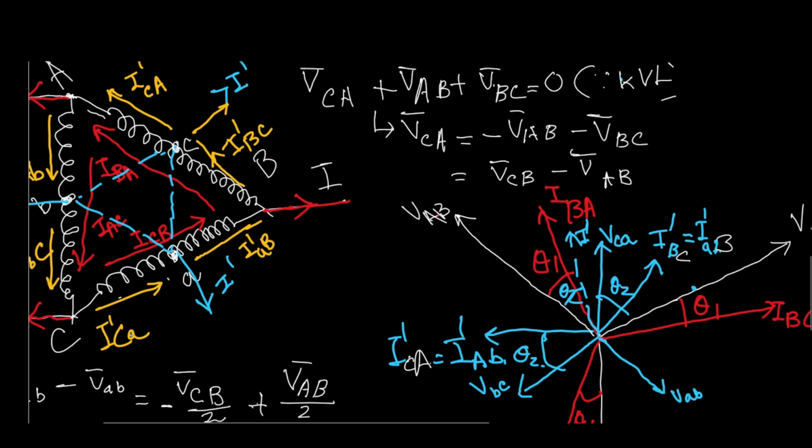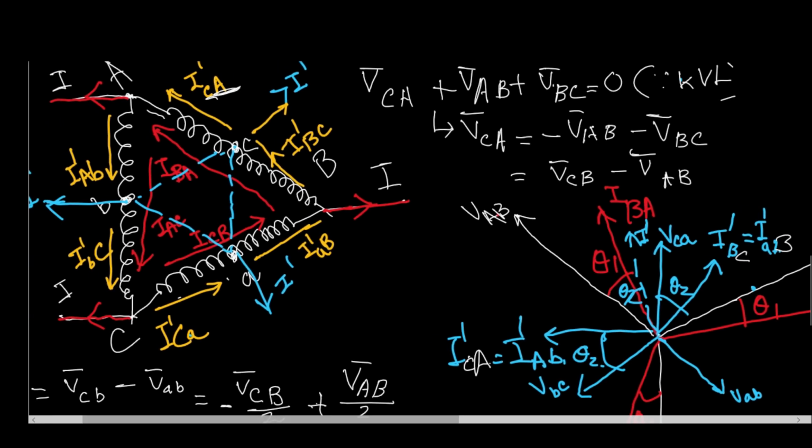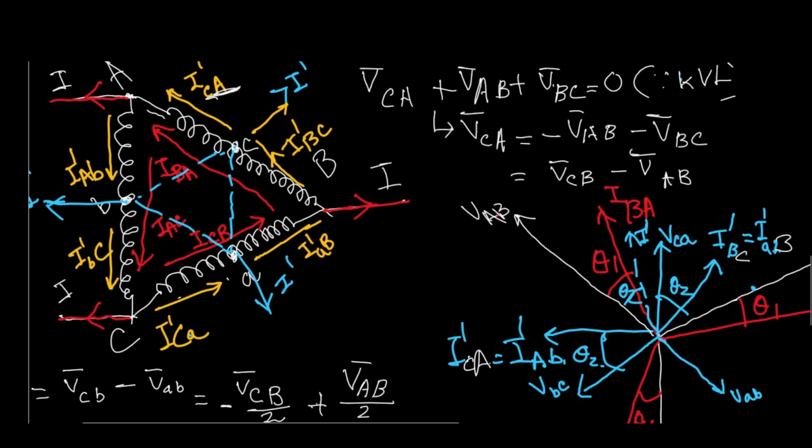I dash CA is equal to I dash AB. Okay. Now similarly, this should lag BC by an angle theta 2. Agreeable?